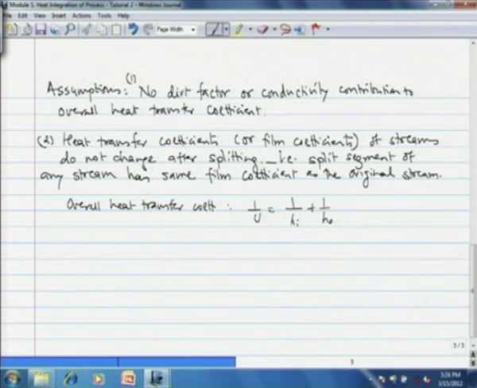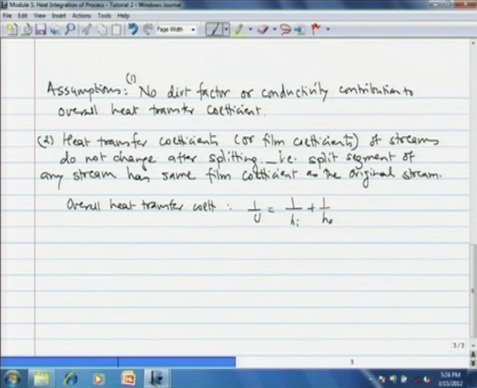Inside film coefficient plus outside film coefficient, the reciprocal of those. And then the second assumption is that the heat transfer coefficients or film coefficients of the streams do not change after splitting. That is, the split segment of any stream has the same film coefficient as the original stream.